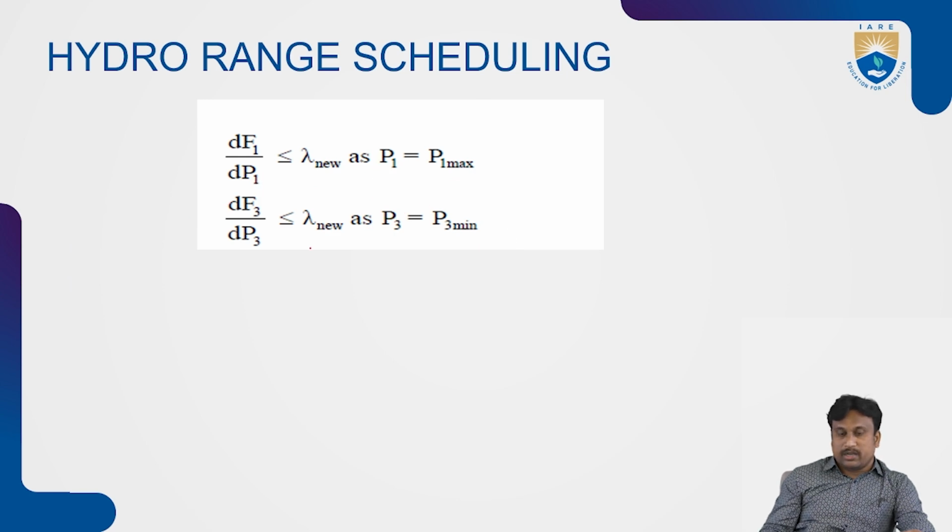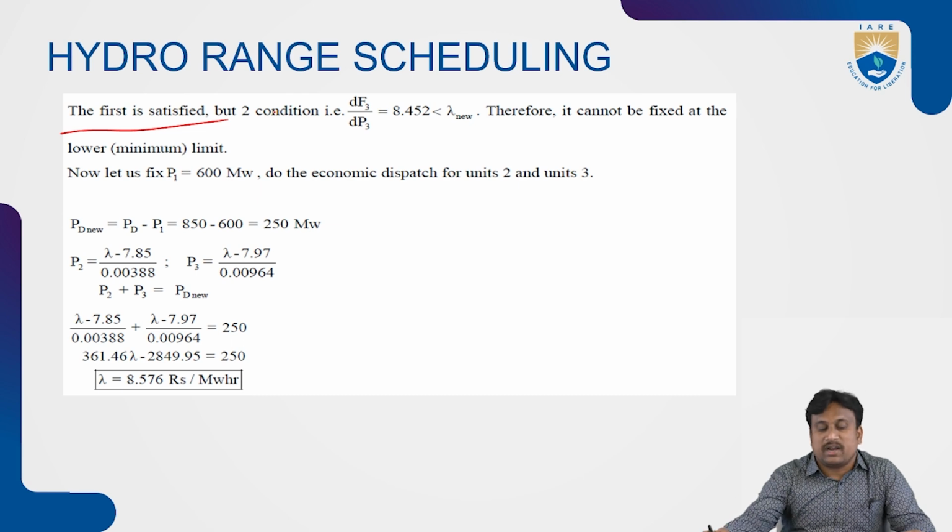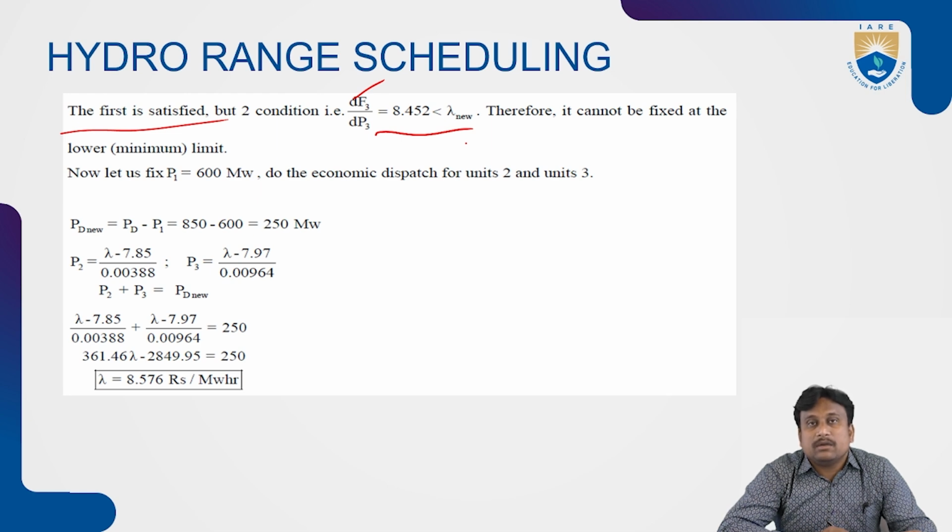These are the two conditions we will see here. The first is satisfied, but the second condition, that is dF3 by dP3 is 8.452, is less than the new value of the lambda. Therefore, it cannot be fixed at the lower limit.